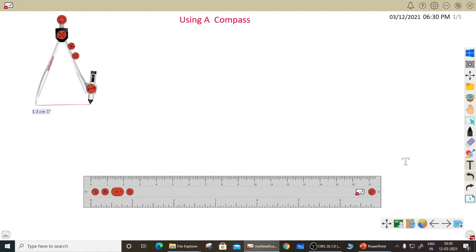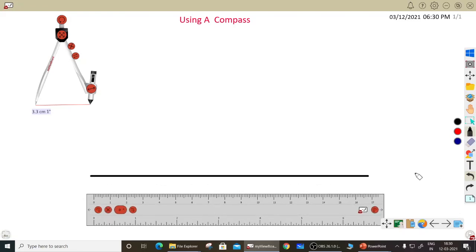First, I have decided to draw a perpendicular to this particular line. A line will have its own arrowheads, so you should mark arrowheads, and a line will have its own name. Let us mark this line as MN.